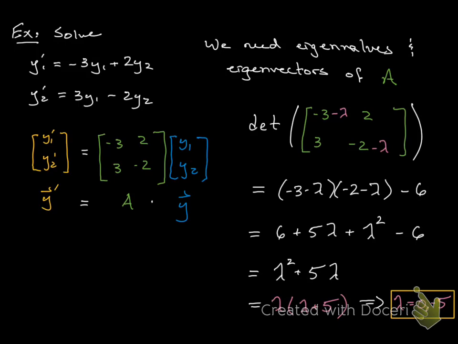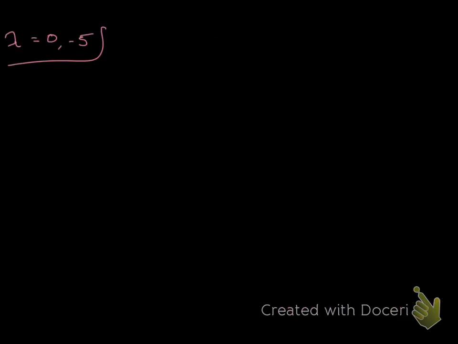Okay, so I'll show you where those go in my solution to this system here in just a second. Those are my eigenvalues, 0 and minus 5.